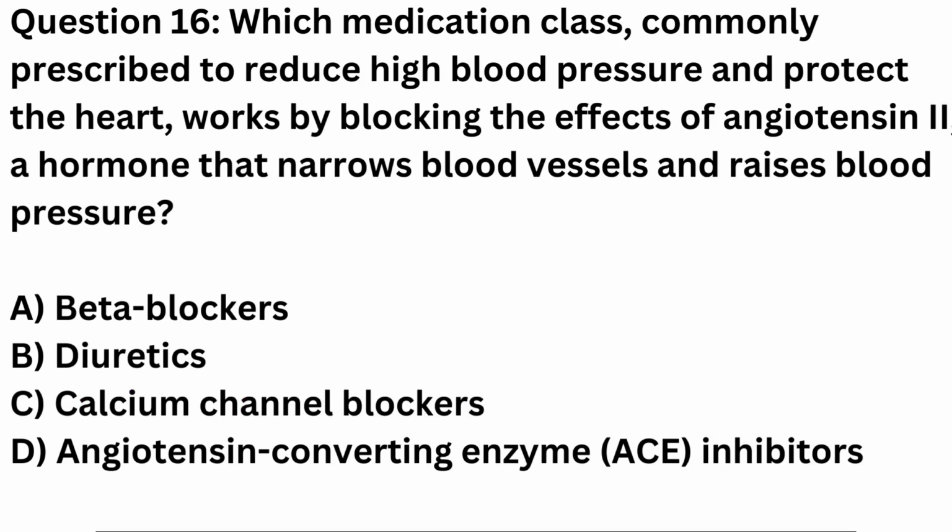Question 16. Which medication class, commonly prescribed to reduce high blood pressure and protect the heart, works by blocking the effects of angiotensin II, a hormone that narrows blood vessels and raises blood pressure? A. Beta blockers. B. Diuretics. C. Calcium channel blockers.